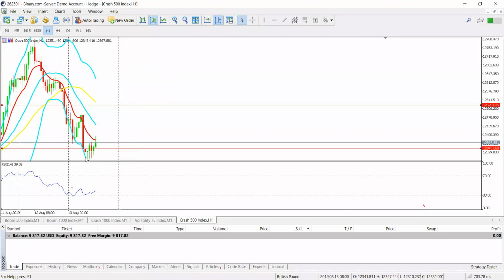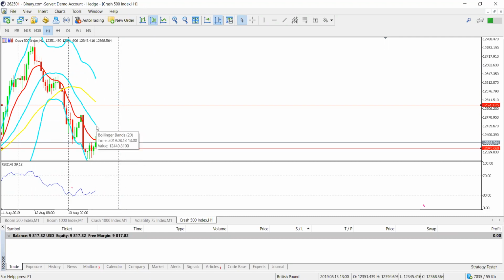You can see the wicks here showing you the loss of power on the sellers, but then it failed to cross the 10 EMA and then it crashed again. But I think what it's going to do from this candle is try and push its way up, because it wants to go on an uptrend very badly.